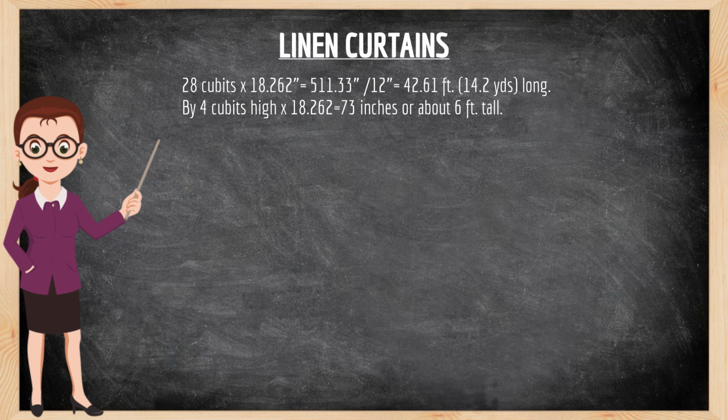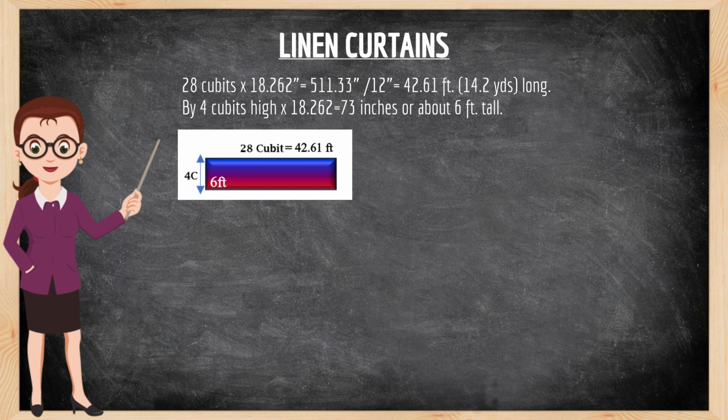So we can wrap our minds around how big these curtains were. Let's add up the curtain size using the cubit of 18.262 inches, converting it into numbers that we, modern man, can relate to. So each panel is 28 cubits times 18.262 inches.